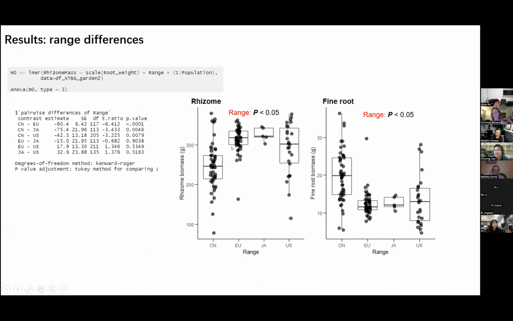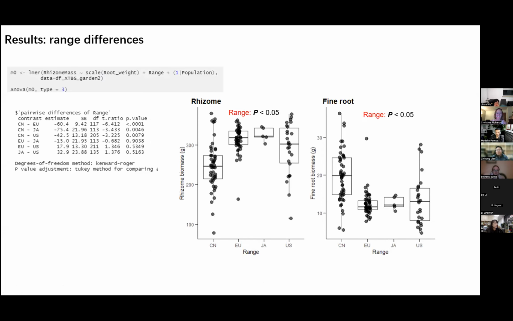Great, that's cool. Great results. It's cool to see that you're still finding the real similarity between Japan and the invasive populations. That seems a really strong, consistent message in our data.